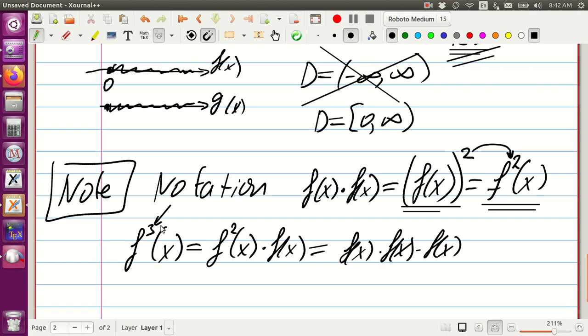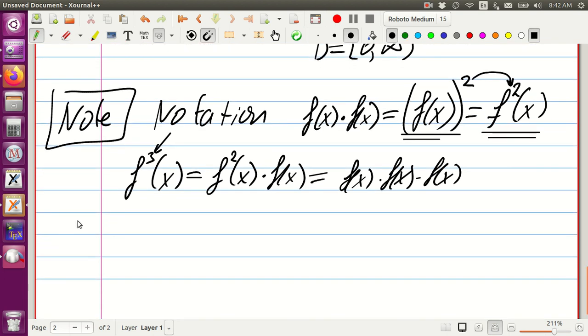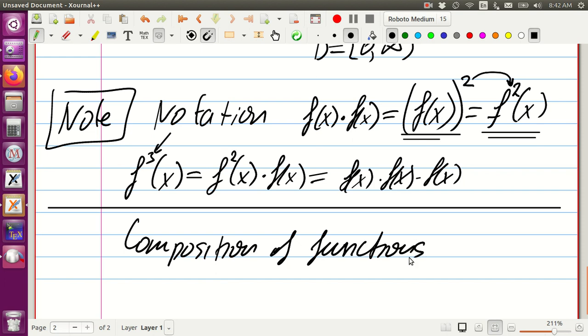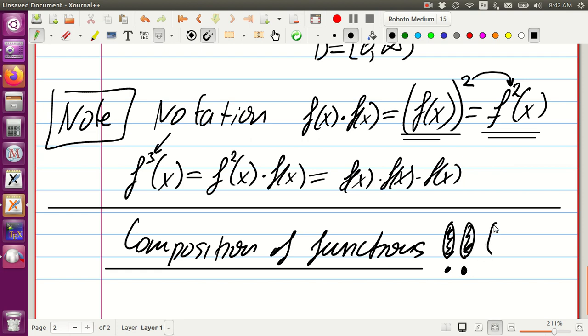And the last topic for the discussion over here is the composition of functions. Very important topic. So I'll put an exclamation point here, maybe another exclamation point, and the third one here.